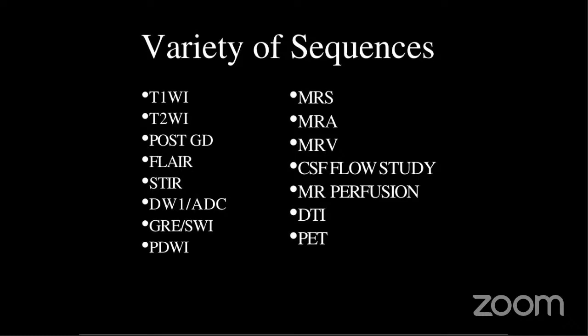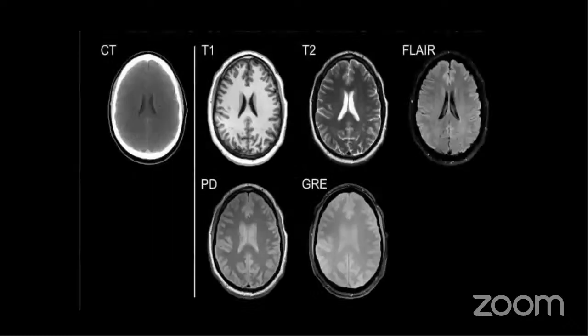Let's not touch upon these per se. Each modality itself is a talk for you all, so we are not going to get into each one of them. By the end of this talk, get accustomed to the normal T1, T2, and FLAIR diffusion sequences, at least just how they look.